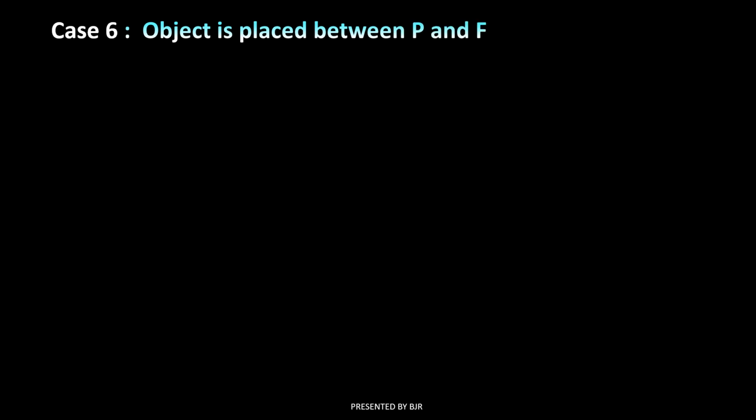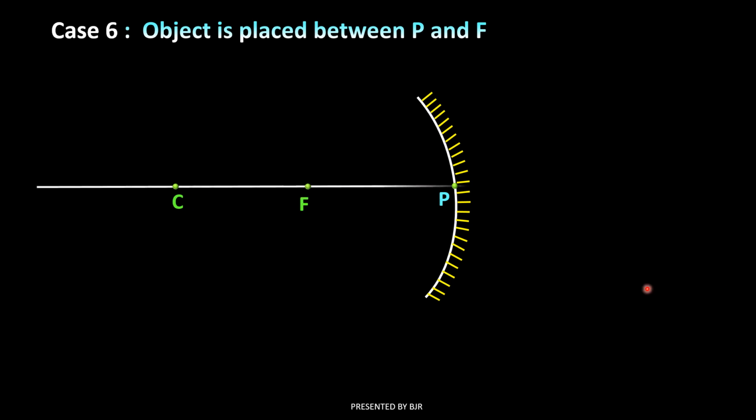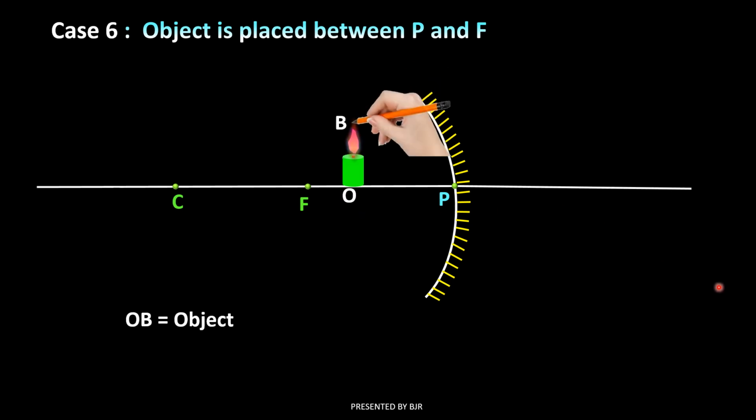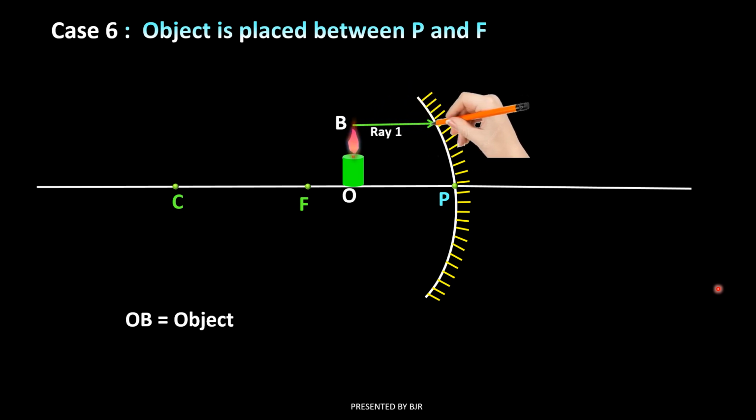So let us draw the same ray diagram by using the symbol of the concave mirror. P, C, F, and this is the principal axis. Now I am placing the object here. OB is the object. Ray 1.